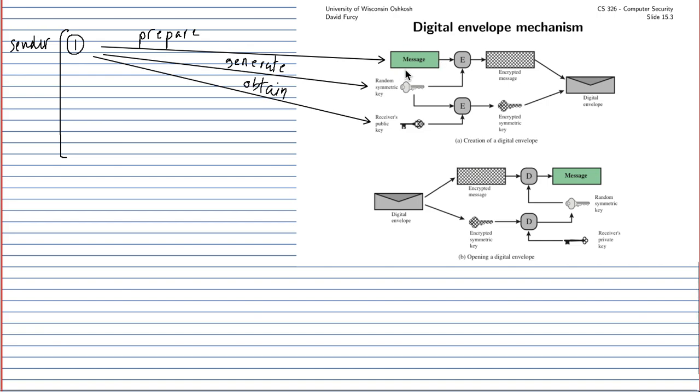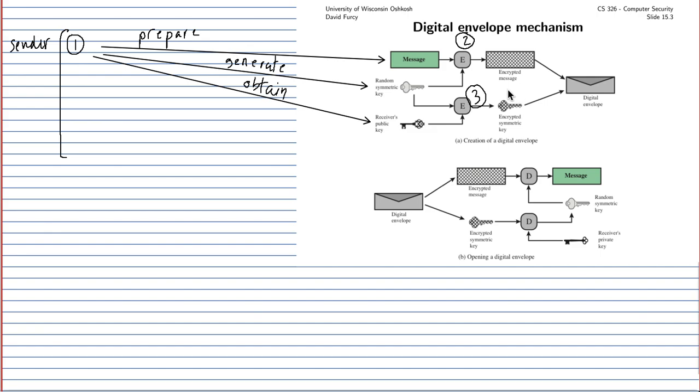After these three preliminary steps, the sender is ready to prepare the digital envelope. The first step is going to take the message and encrypt it using the symmetric key that they just generated. The result of this operation will be an encrypted message that will be sent to the receiver. But since the receiver does not know the symmetric key, that key has to be sent together with the encrypted message. Since we cannot send the key in the clear for attackers to discover, we're going to, in the next step, encrypt that symmetric key using the public key of the receiver.